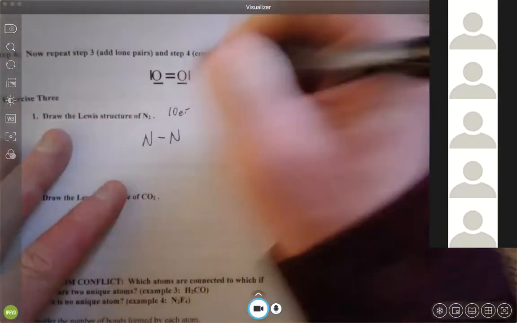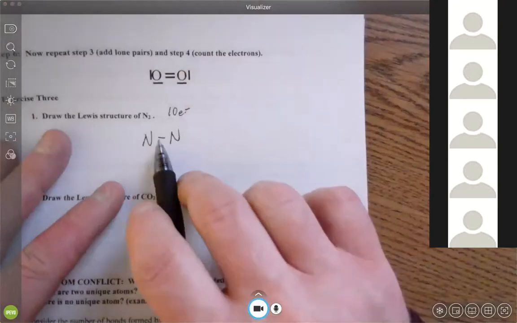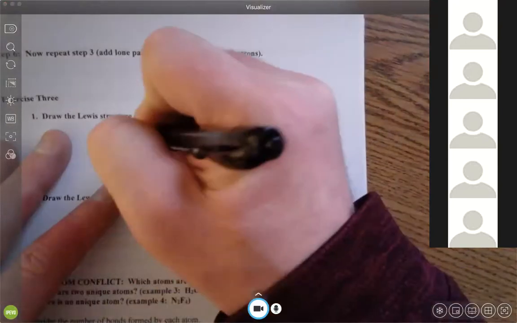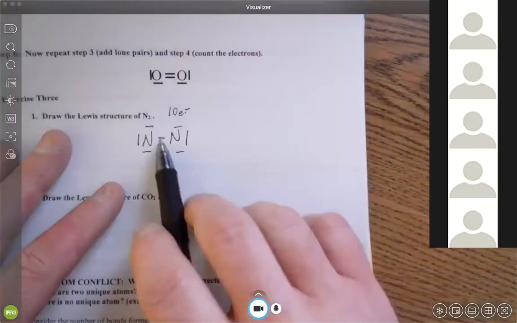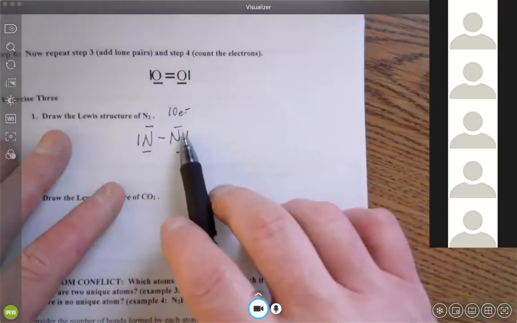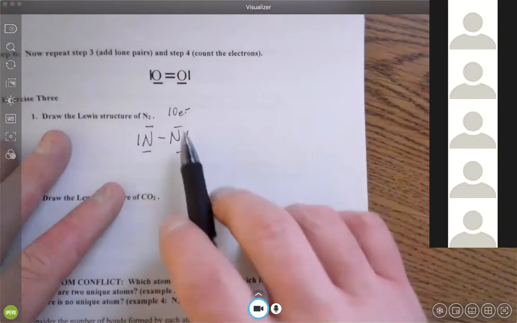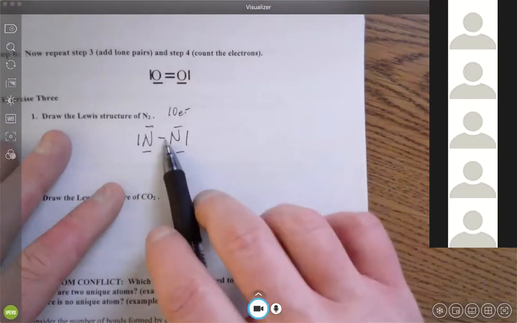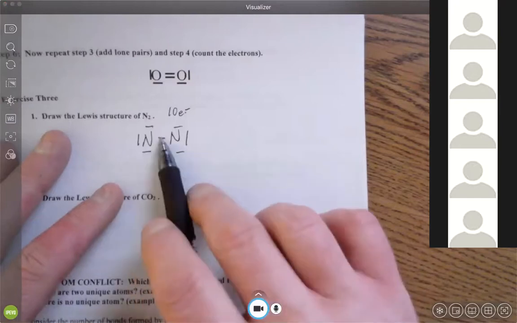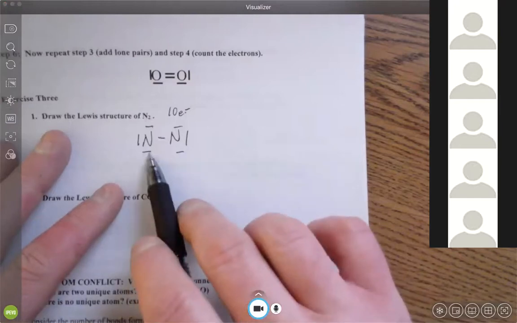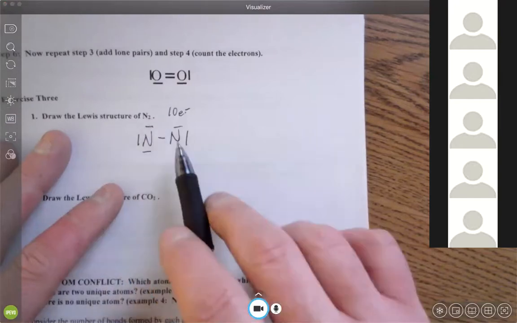So here we have 2, 4, 6, 8. Now the problem is if we add all these up, 2, 4, 6, 8, 10, 12, 14.